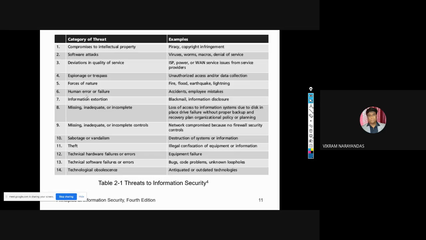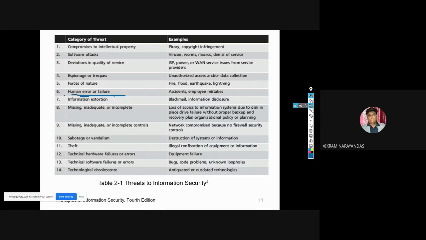First one is potential acts of human error or failure. This human error or failure is nothing but accidents. Any accidents or employee mistakes come under human error or failure.